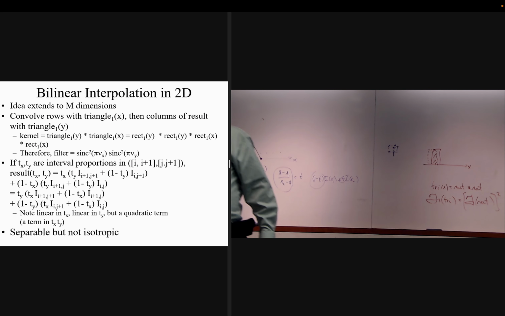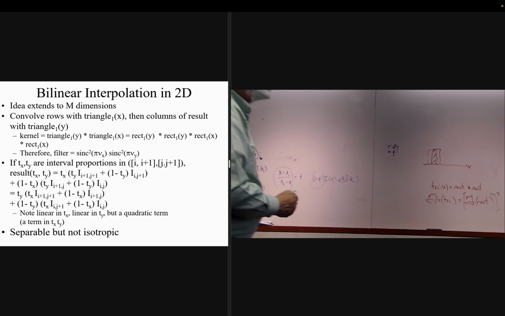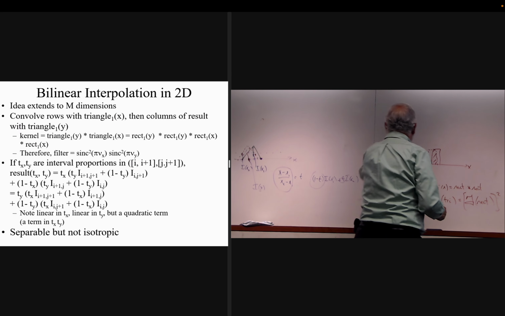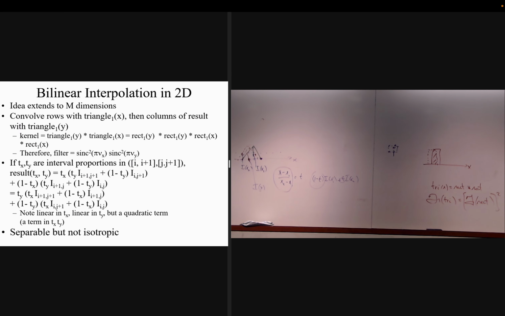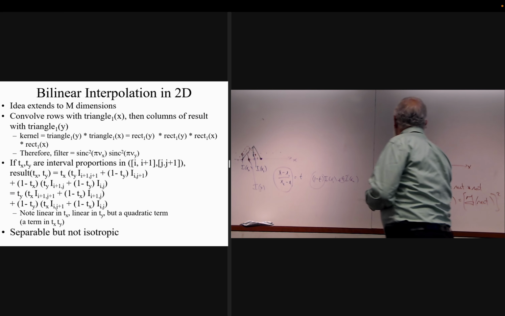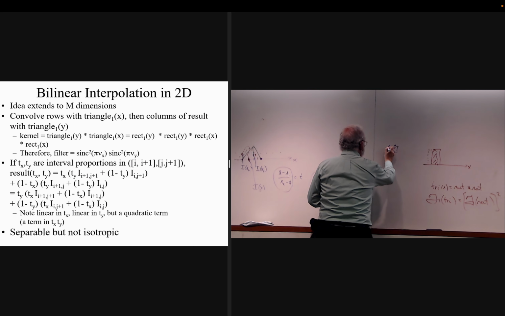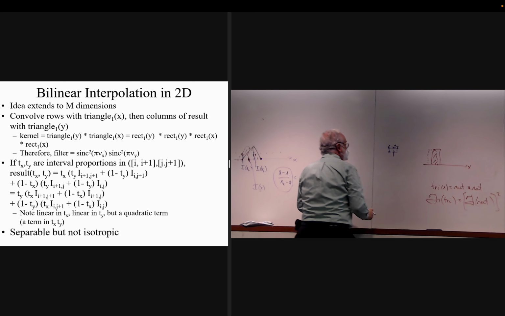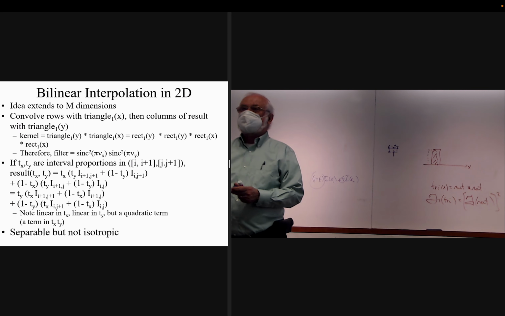So first linear interpolation on the rows and then linear interpolation in the column direction. That's called bilinear interpolation. It's very commonly used. And would you believe that you can work out that if you do it in the opposite order, you get the same result? So we could instead interpolate here in y and here in y, and then interpolate between those two in x, and we'll get exactly the same result.